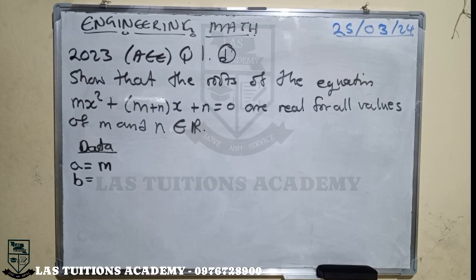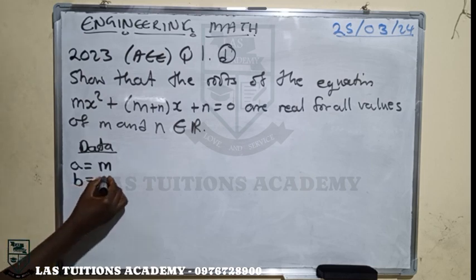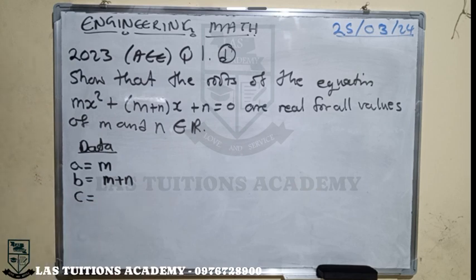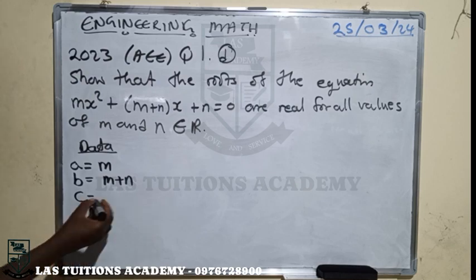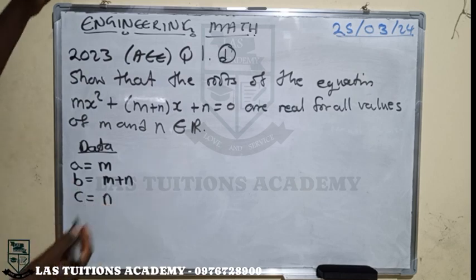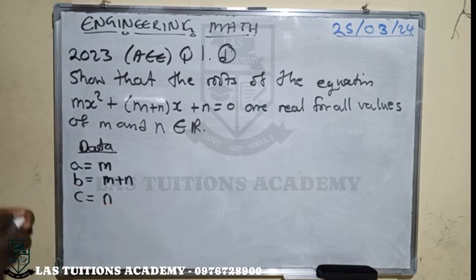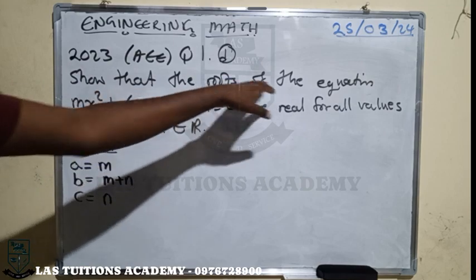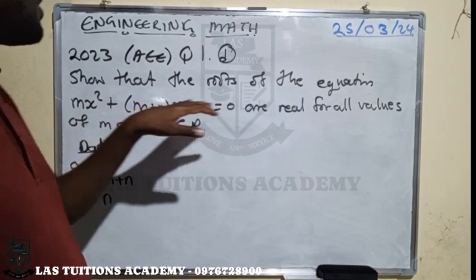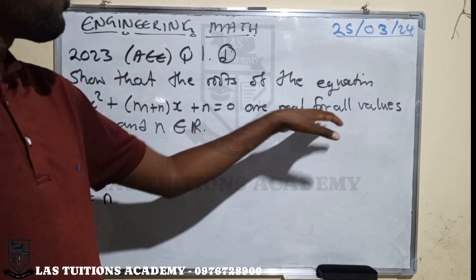Okay, so our B is m plus n. What is our C? n. Good. So now we come to the discriminant test, because we are to show that the roots of the equation are real for all values of m and n.